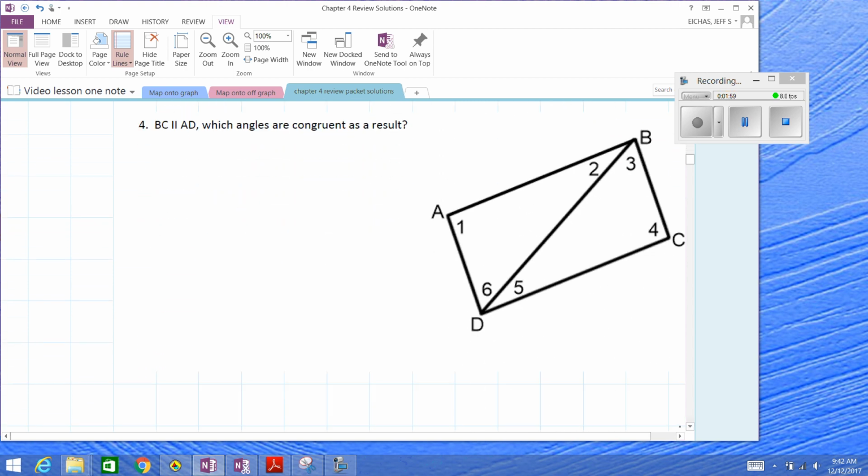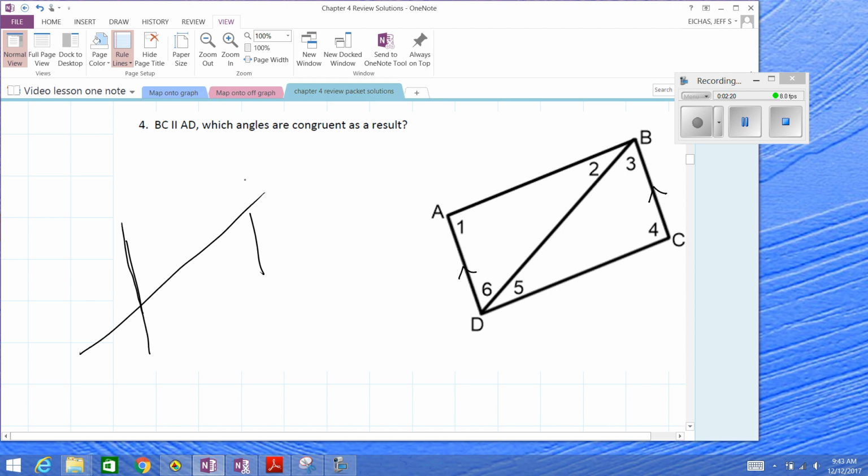All right, BC is parallel to AD. This one is very tricky. Oftentimes it's messed up because we use the wrong parallel lines cut by a transversal. What we have to understand is AD and BC are the parallel lines, and they're cut by transversal BD.